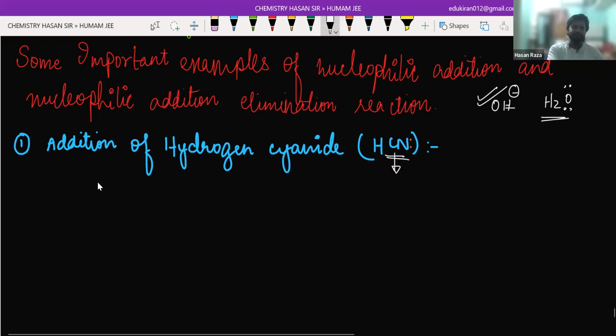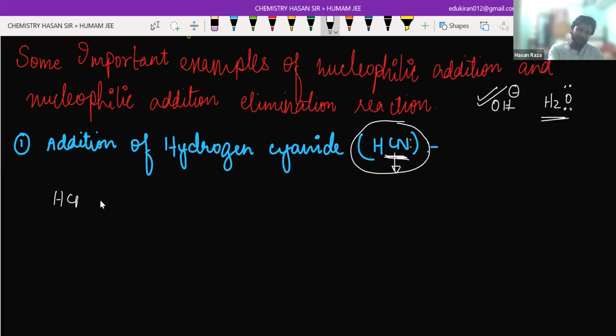So basically, if you are going to do this addition of hydrogen cyanide to a carbonyl compound, that means aldehyde or ketone, this is the nucleophile which is going to attack, but this is not that good a nucleophile. So what we are going to do, we are going to react this HCN with base to make a very strong nucleophile.